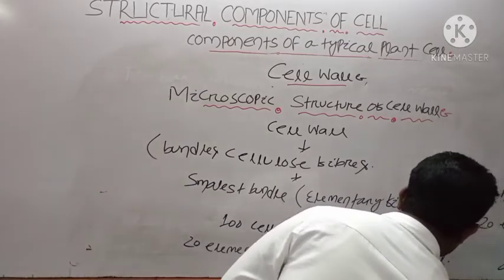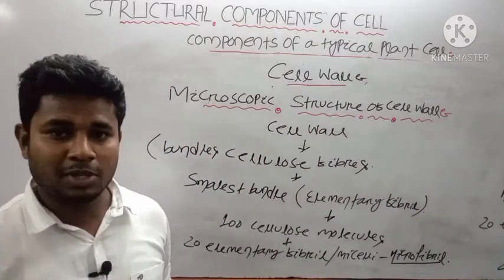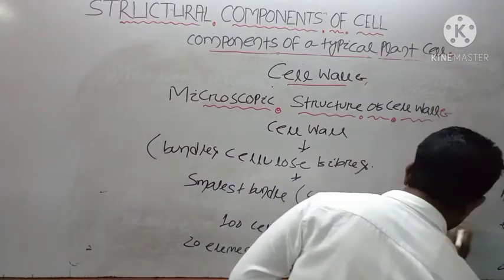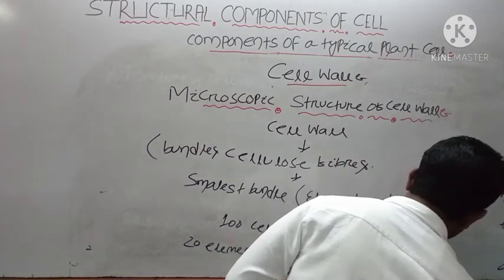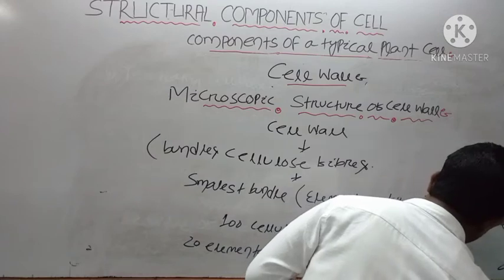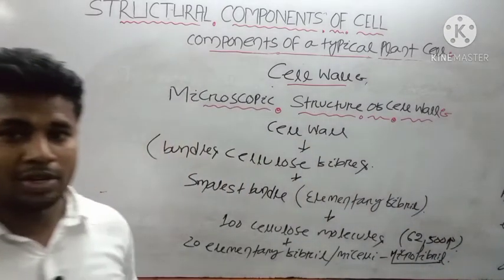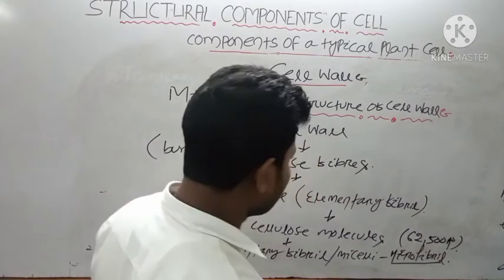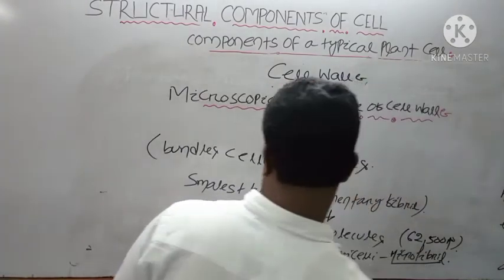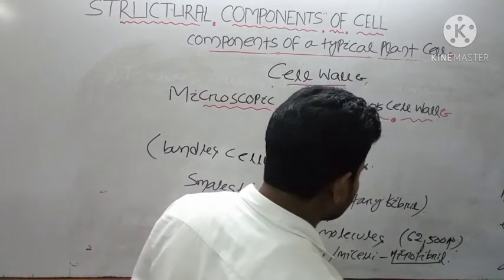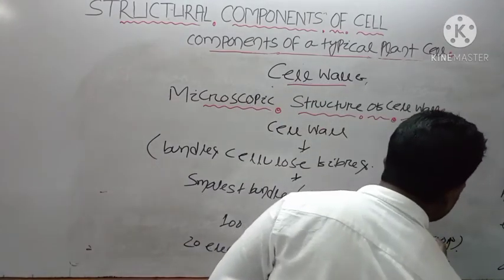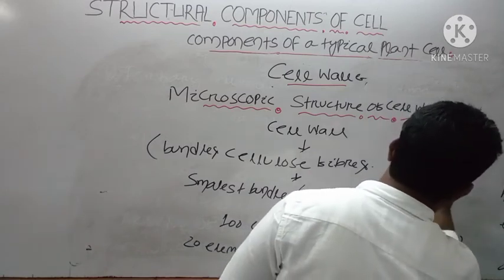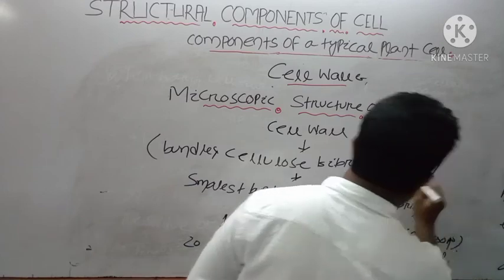And the diameter of the microfibril is around 62,500 angstrom, and the diameter of cellulose molecules is around 3,000 angstrom. Okay.